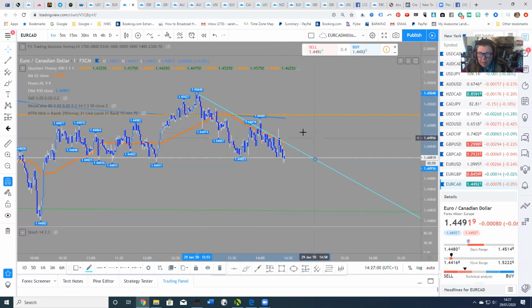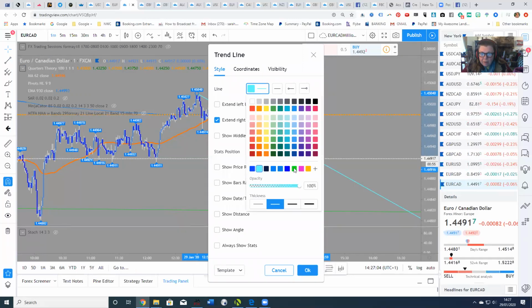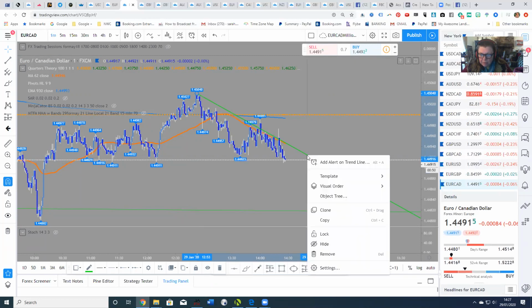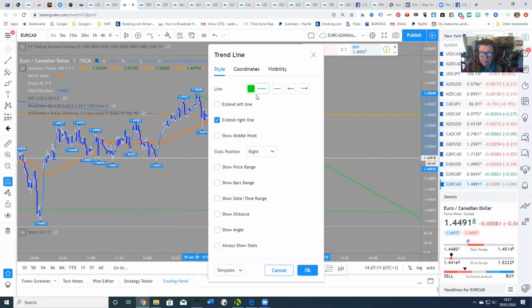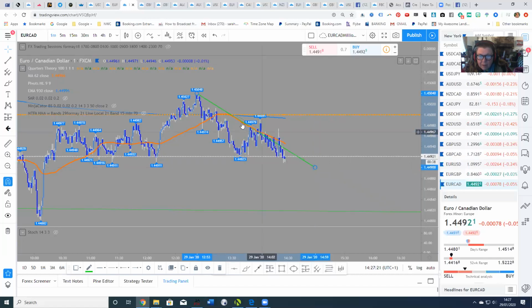So I put all my alerts in blue, but this is a trend line, and I put all those in green, then I remember what I'm doing. And also I don't need to have it extended. So there we are, that's there. And you want to have the same angle when you clone this to get the channel.